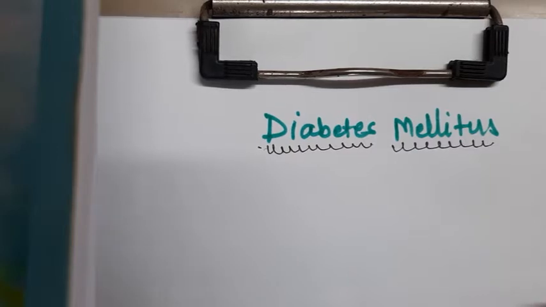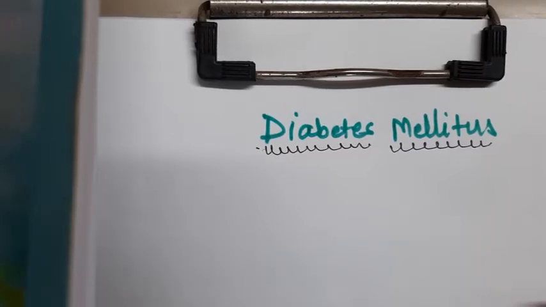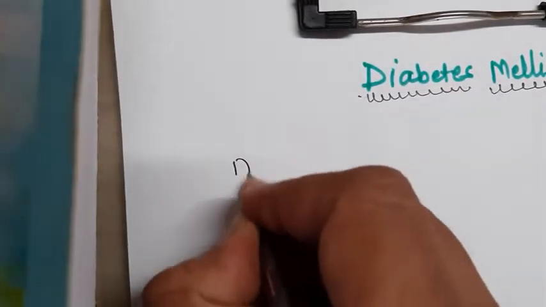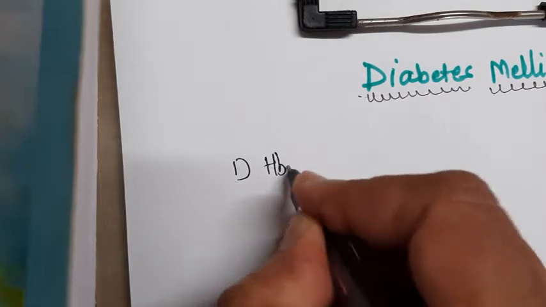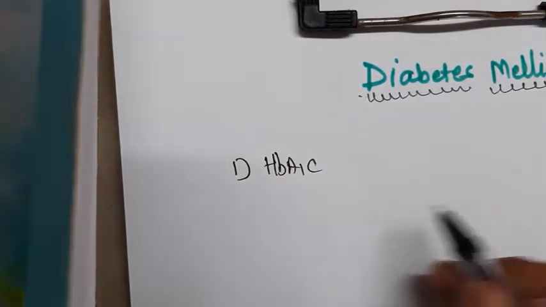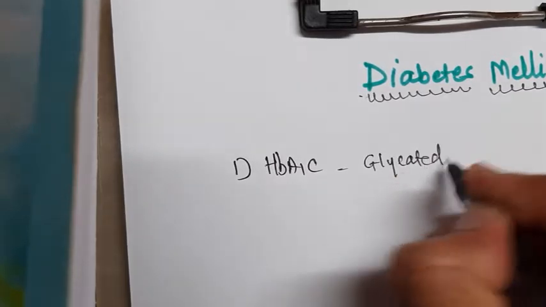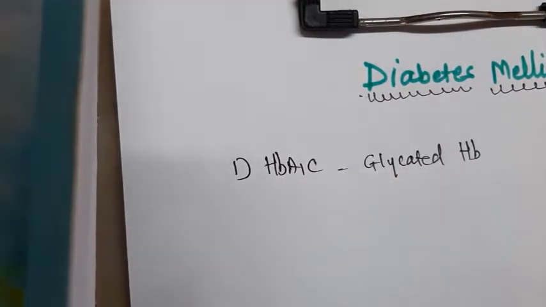Now for diagnosis of diabetes mellitus, that is long-term monitoring of the blood sugar level, one more important test is HbA1c. HbA1c is nothing but glycated hemoglobin.